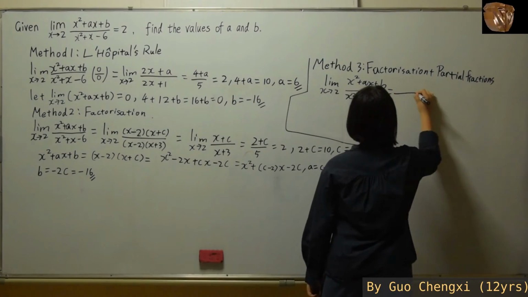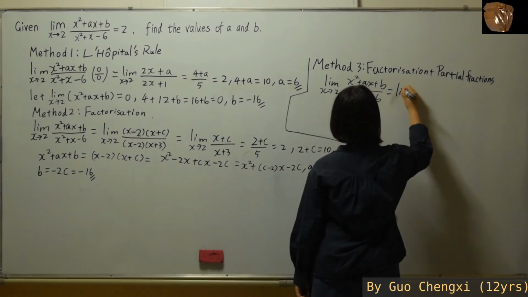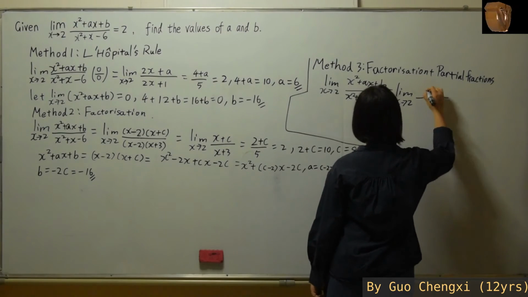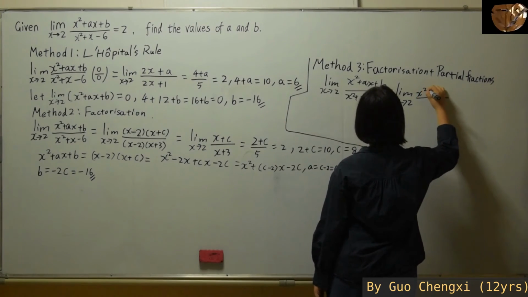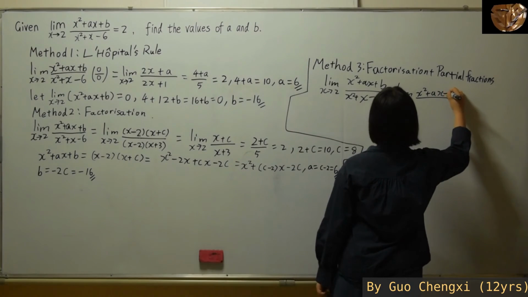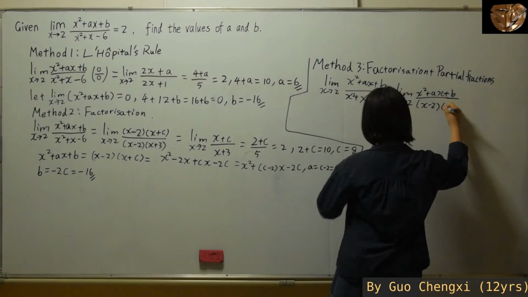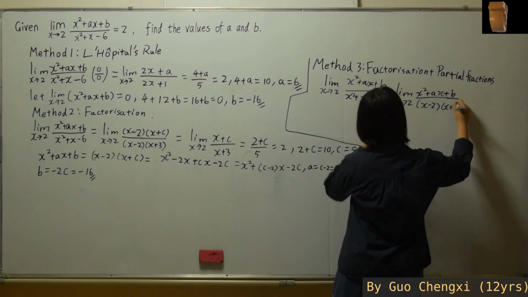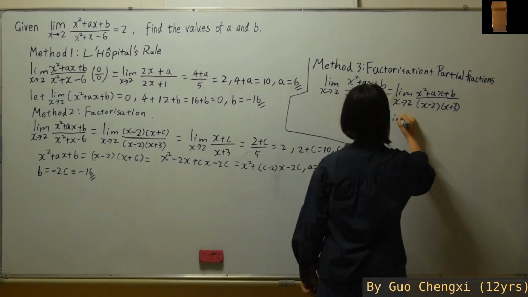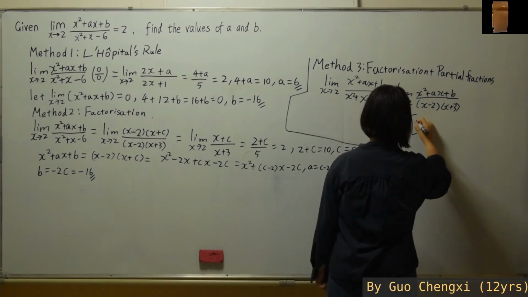And then when we factorize the denominator, what we're going to get is this: the denominator will be x minus 2 times x plus 3. And then for the limit over here, we're going to have two partial fractions.